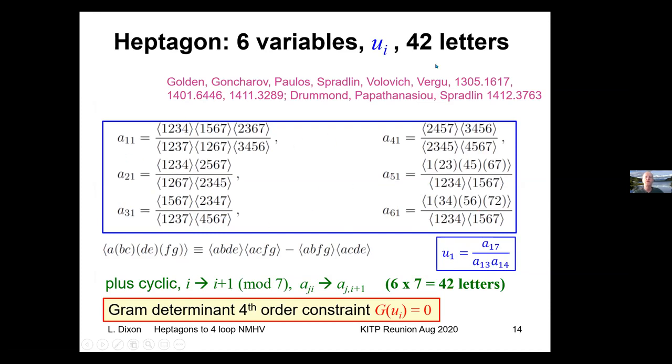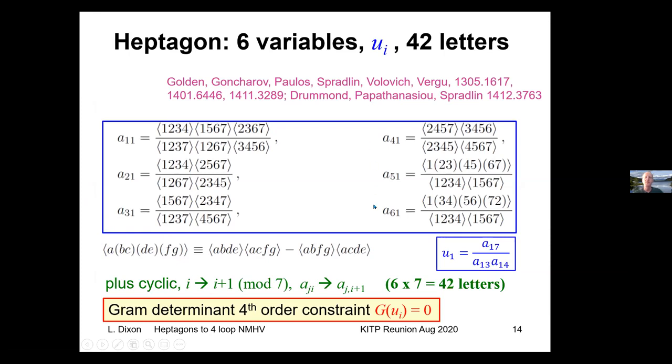So these are the 42 letters of the symbol. I show 6 of them, and they involve certain cup products that involve intersections of various planes. And then from these 6, you get all 42 by applying 7-fold cyclic permutations of these 6. So instead of having a 9-letter alphabet, you have a 42-letter alphabet.